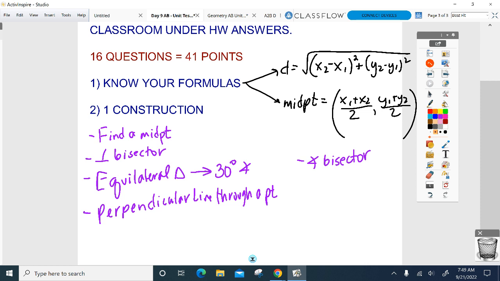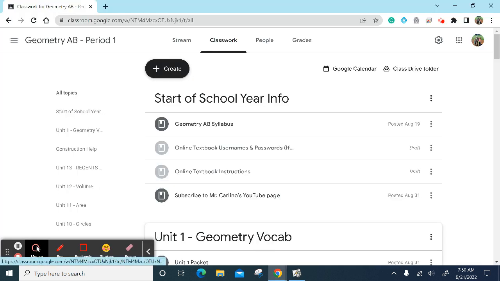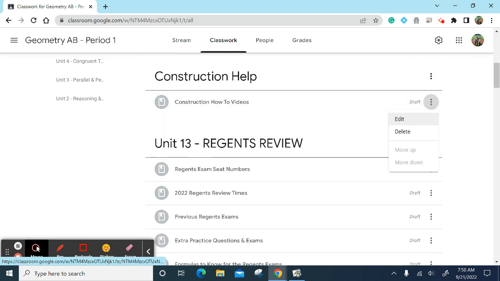So one of them will be on there tomorrow. If you forget any of the steps, where can you go? How-to videos, right? How-to videos.